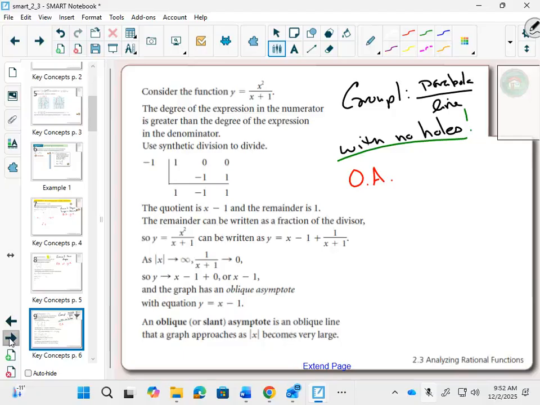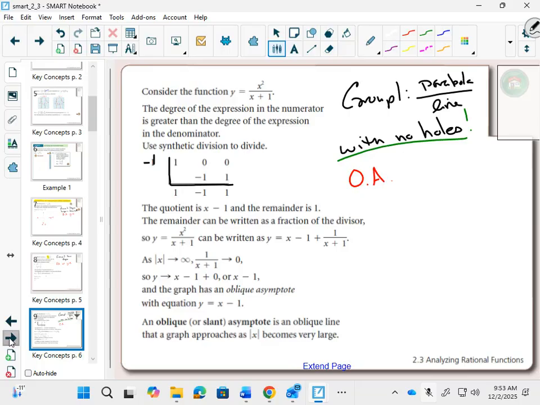We actually have to take the top and divide by the bottom. So if I was doing x squared divided by x plus 1, do you know how you would set that up? If I'm dividing by x plus 1, there'd be a minus 1 out front, right? And the x squared is 1x squared, but we have to include the zeros when things are missing.